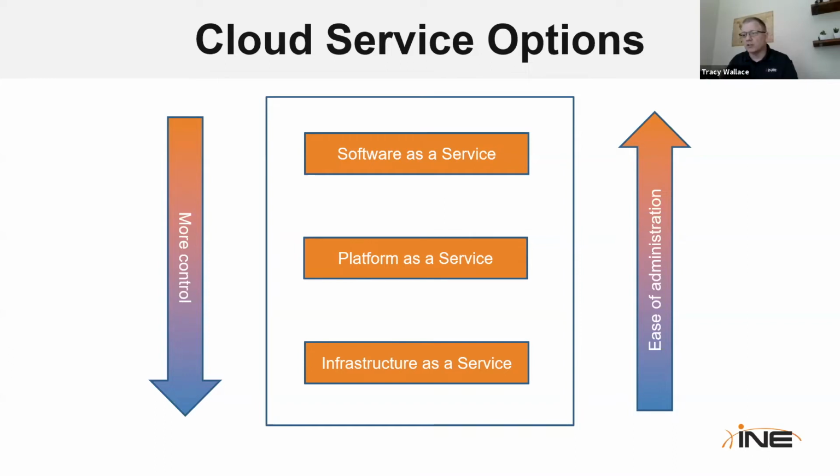So if you're running infrastructure as a service, you have a virtual machine, that means you're going to control the configuration of the operating system, the configuration of any services that are required to run your workload, as well as the workload itself. Whereas if you go all the way to the top, we're using Zoom, and Zoom is what Zoom is. We don't have any control of their servers or anything else.